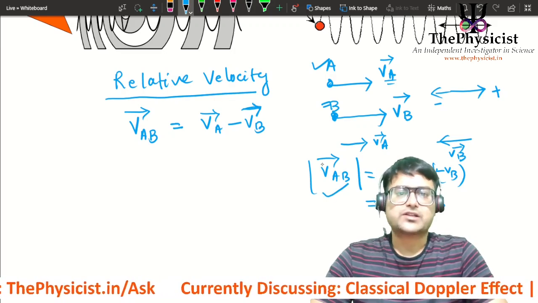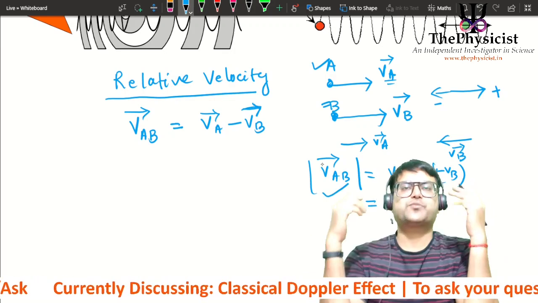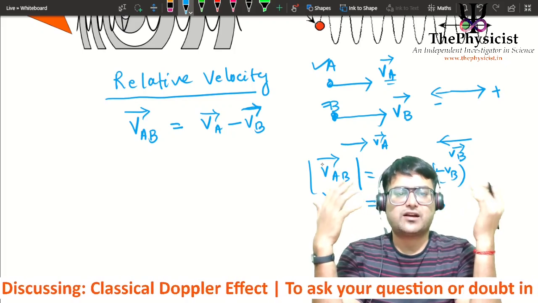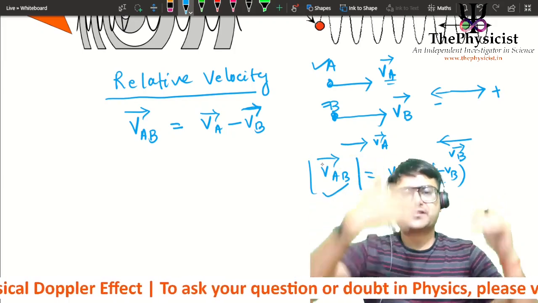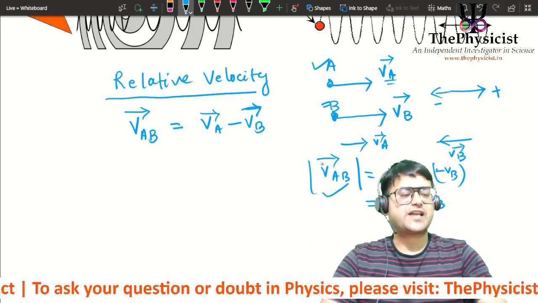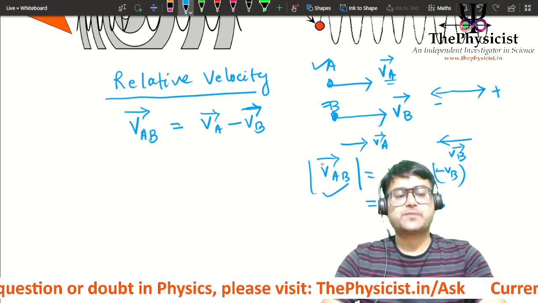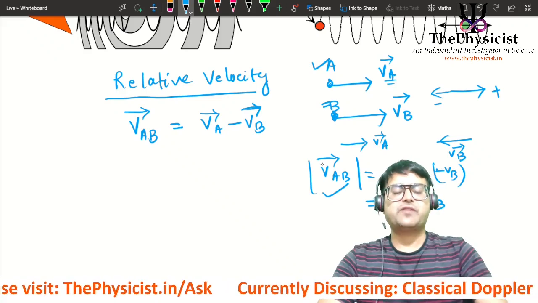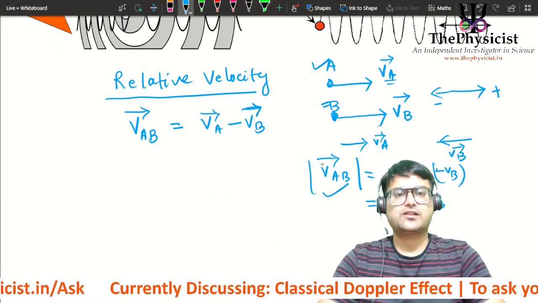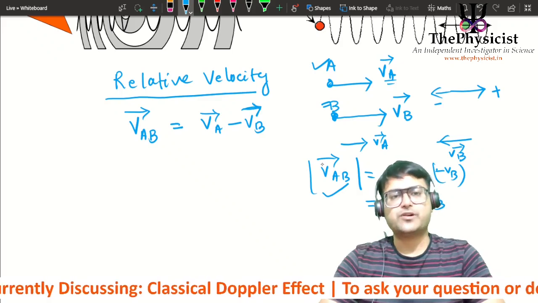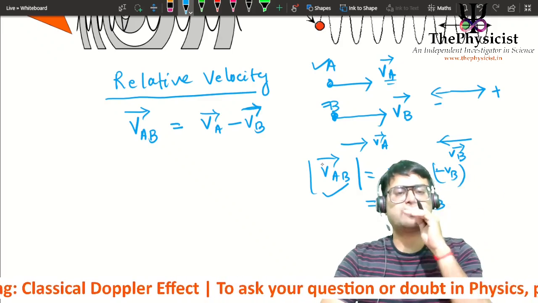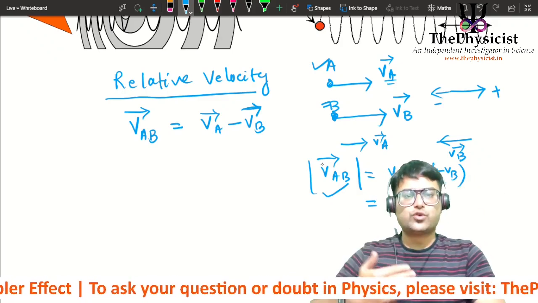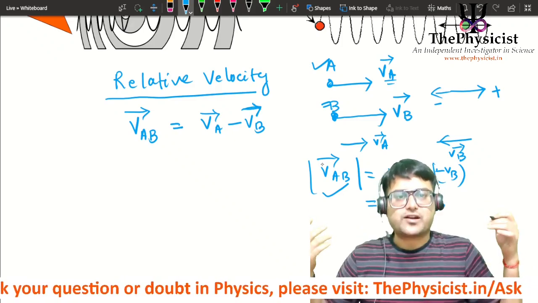So understood. Let's suppose you are standing on the ground and a car is approaching you. Suppose the car's actual velocity with respect to the ground is 100 kilometers per hour. Now, if you start to move towards the car at 20 kilometers per hour, then to you, you are at rest, correct?